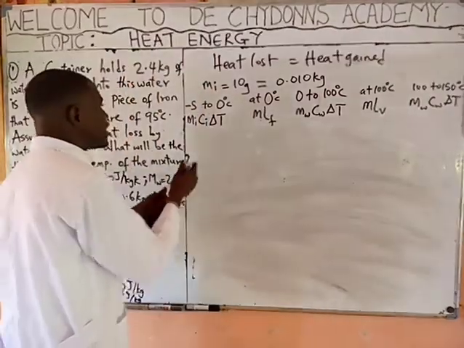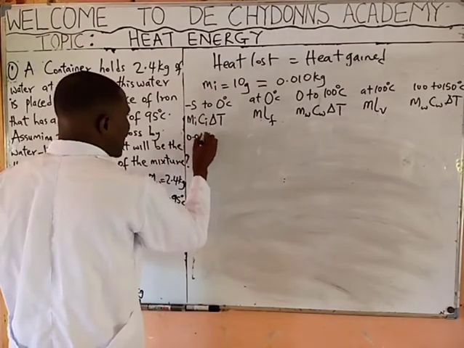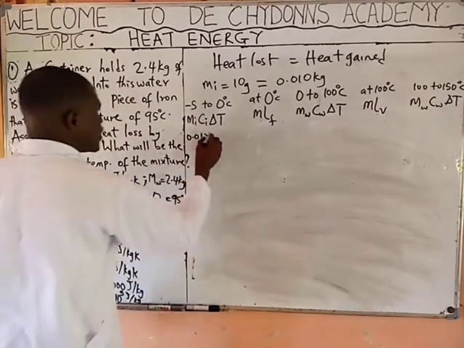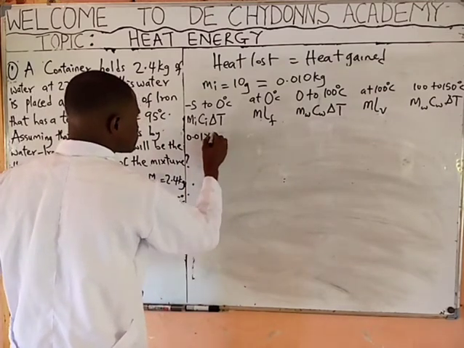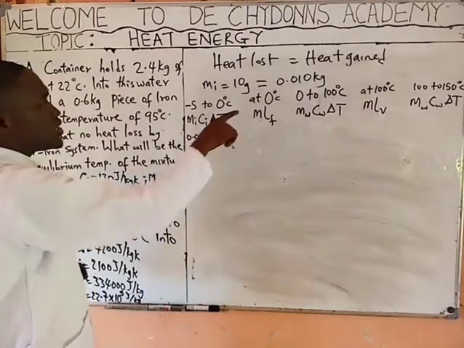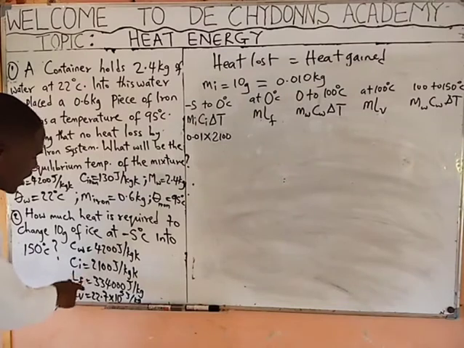Okay? So mass of the ice is given to us to be 0.01 times specific capacity of the ice, 2100. The reason why we converted this to kilogram is because this constant they gave to us is in kilogram.